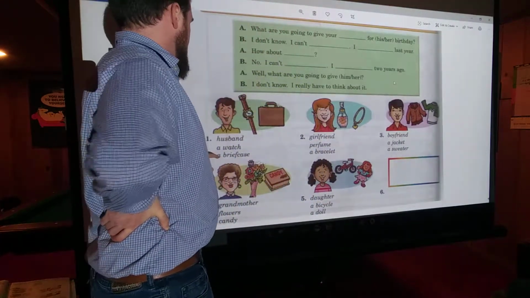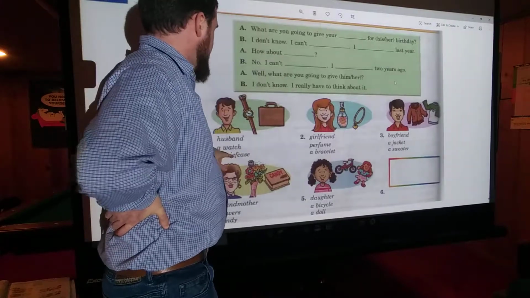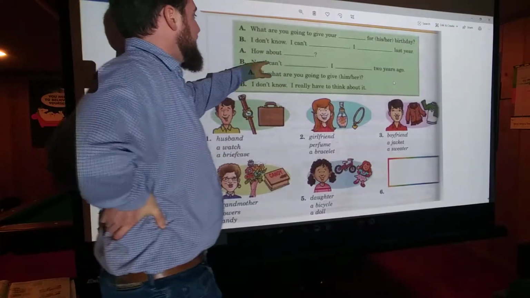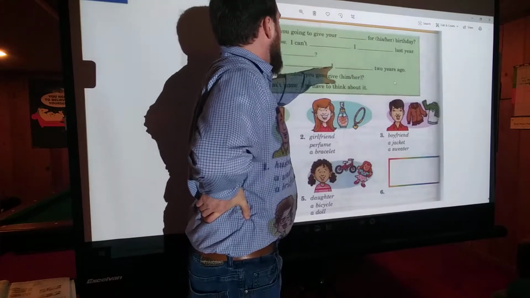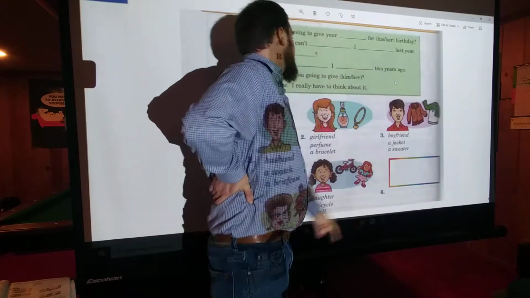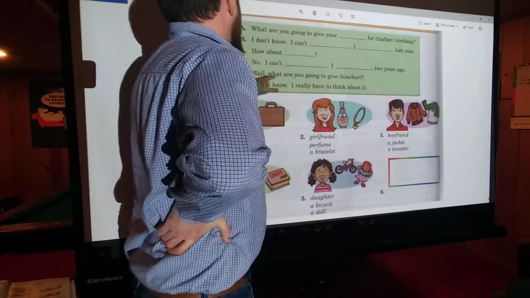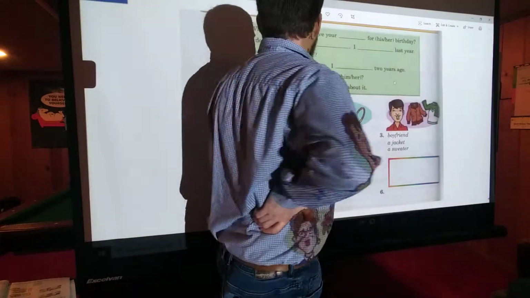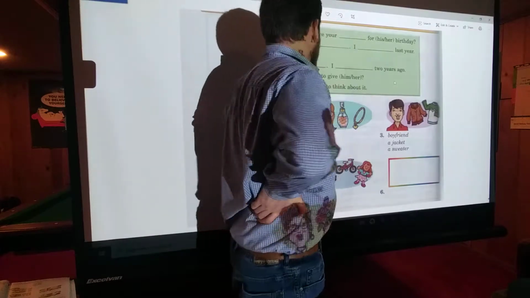How about a briefcase? No, I can't give him a briefcase. I gave him a briefcase 2 years ago. And, well, what are you going to give him? I don't know. I really have to think about it.